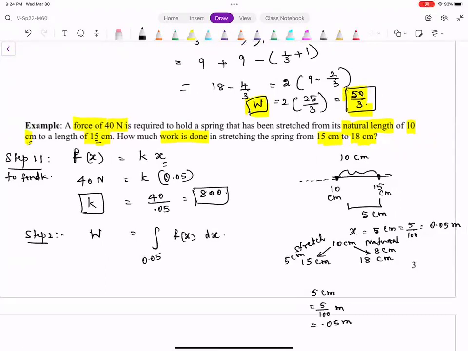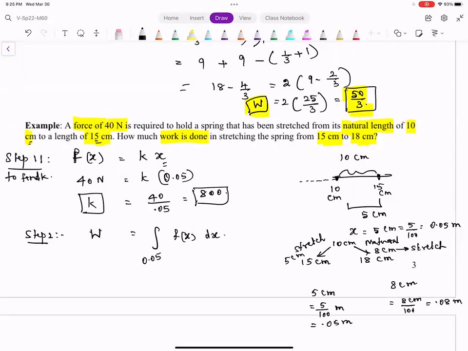Because we already know that force is measured in Newton, it is important to convert the distances or the stretch from the natural length in terms of meters. Then 8 centimeter stretch equal to 8 over 100, which is equal to 0.08 meters.